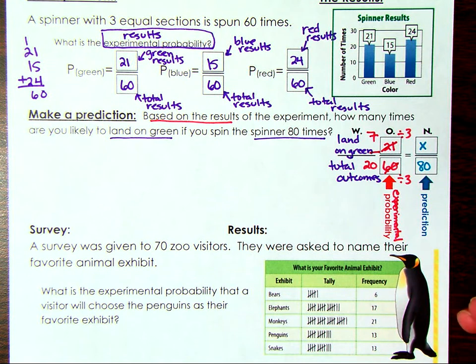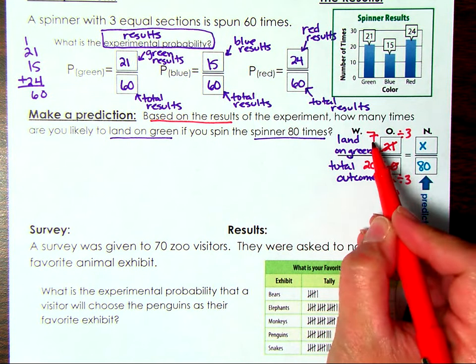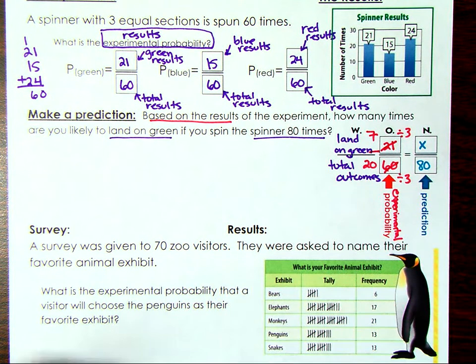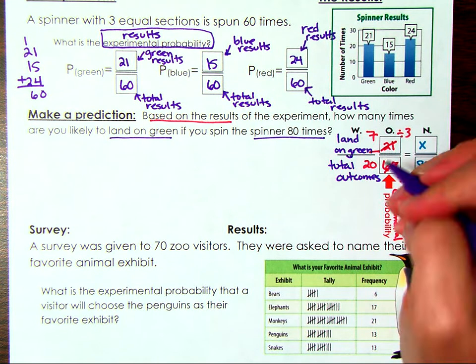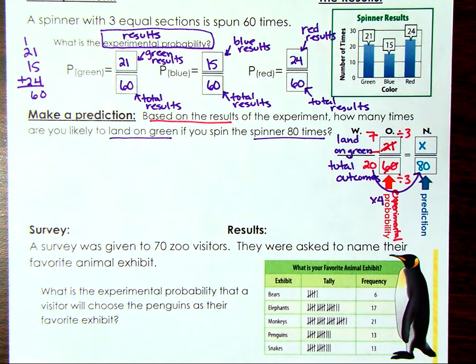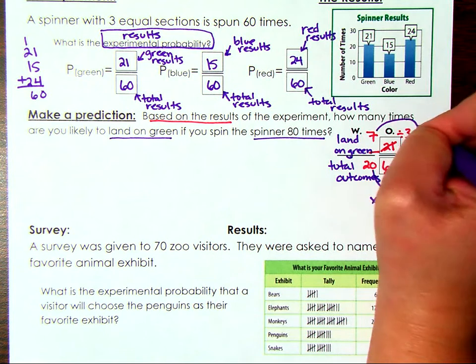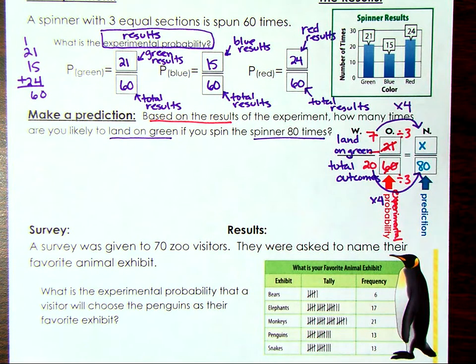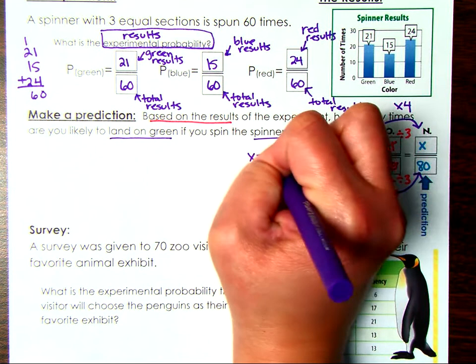So already these are going to be easier numbers because 7 times 80 divided by 20, that's already a lot smaller numbers to work with. But here again, now we can see, well, 20 times 4 is 80. So we have a scale factor of 4. And 7 times 4 is 28.